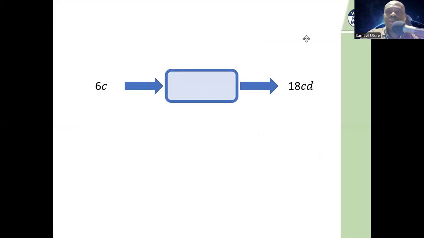Okay. What about this one? If we have 6c and now we have 18cd, the first thing you will spot is you say, okay, I have 6, now I have 18. What could I have done to get from 6 to 18? If you know your multiplication tables very well, you say, okay, I have just multiplied by 3.